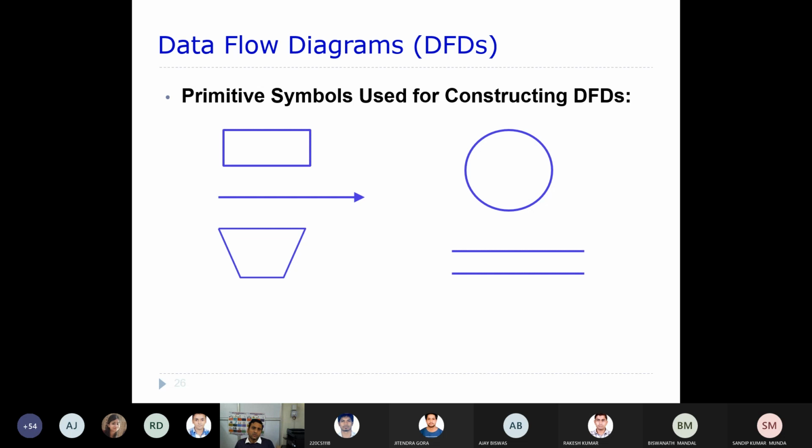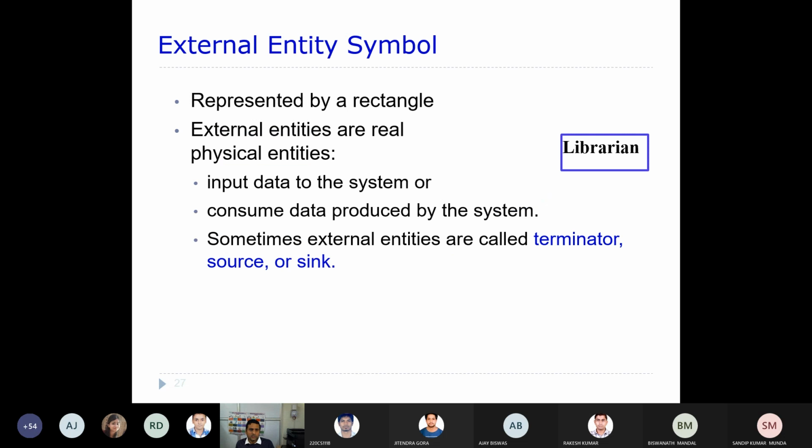Now, as I told you, as part of these data flow diagrams, primitive symbols are used. Here you can see there is a rectangle, an arrow, a circle, two parallel lines, and this other shape.